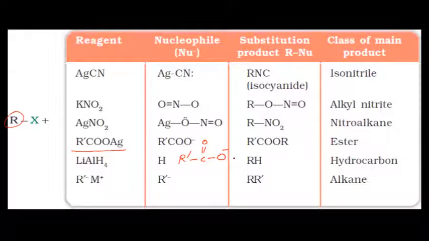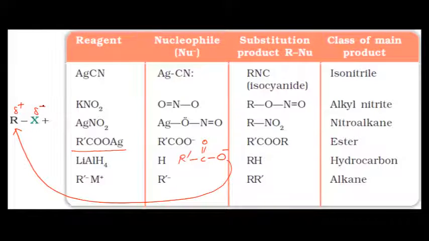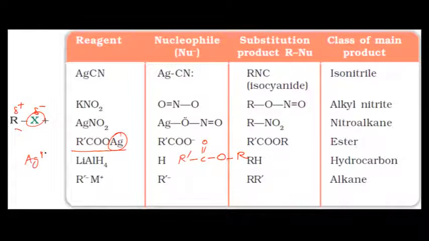R dash COO minus. This minus will get attached to this one because this has a partial positive charge, and this has a partial negative charge. So here you have R attached here, and the remaining Ag and X will combine, whether it is AgCl or AgBr, that will be formed, and you will get the ester. This is the formula of the ester.